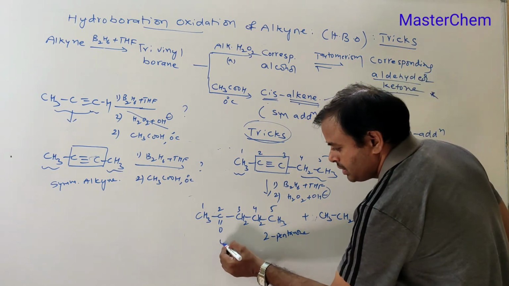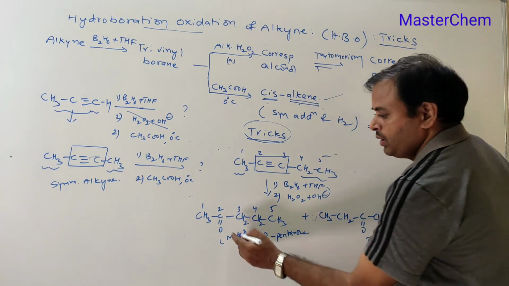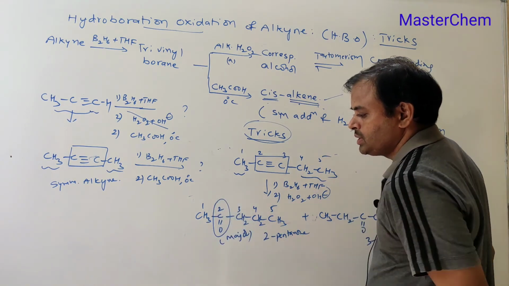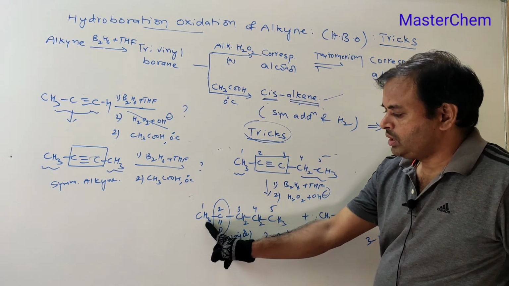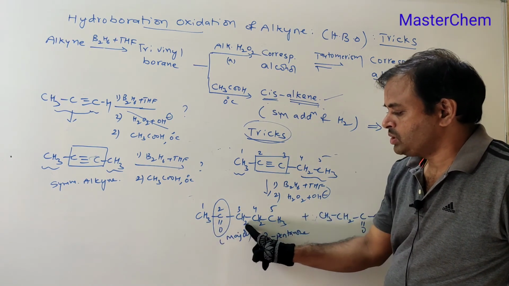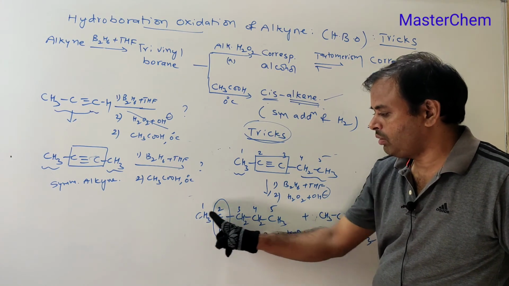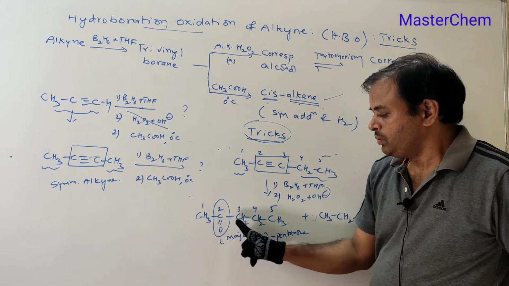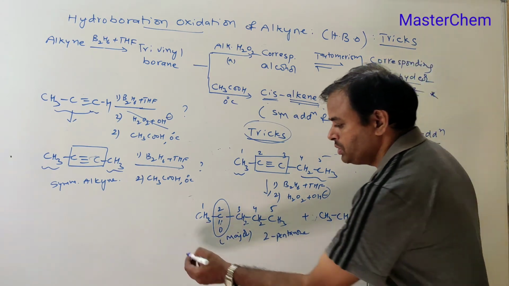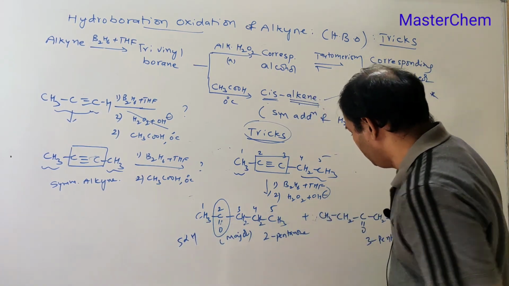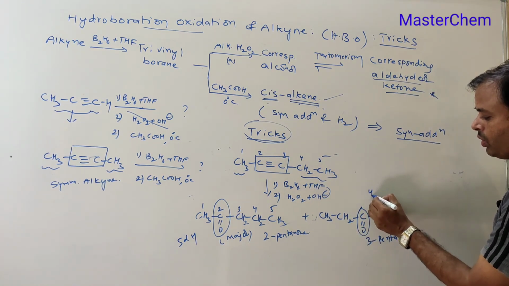So in these two cases, which is the actual product, the major product? This you can predict with the concept of alpha hydrogen atoms. How many alpha hydrogen atoms are there? 3 plus 2, both are alpha carbons. To this keto group, both are alpha carbons, that's why both have alpha hydrogens. 3 plus 2, 5 alpha hydrogens are there. But in this case, to this keto group, 2 plus 2, only 4 alpha hydrogens.